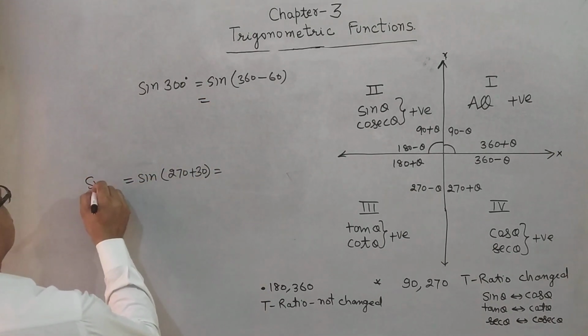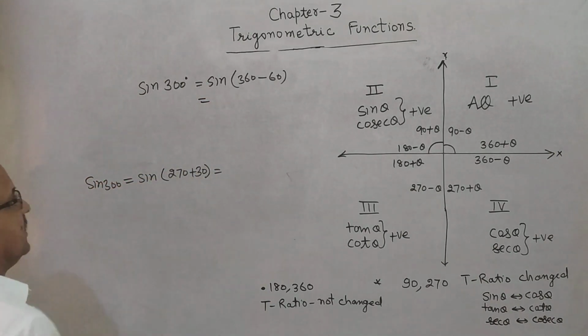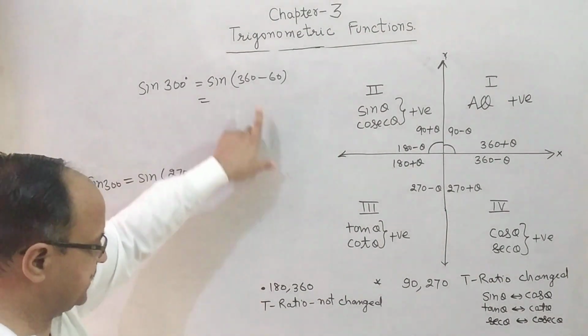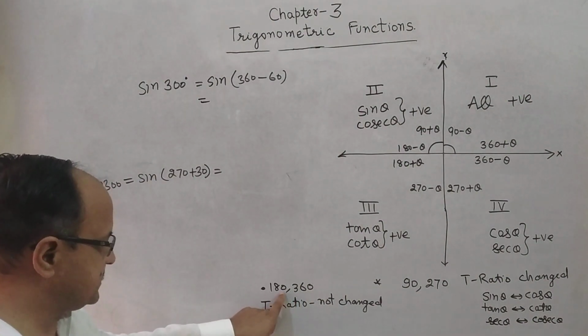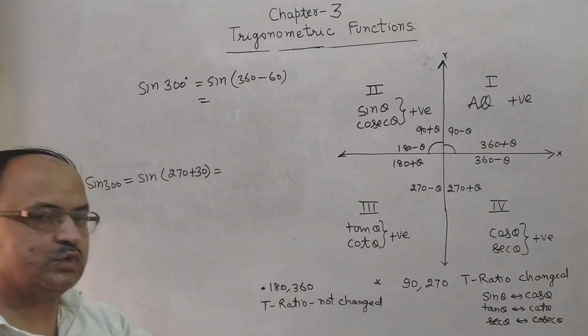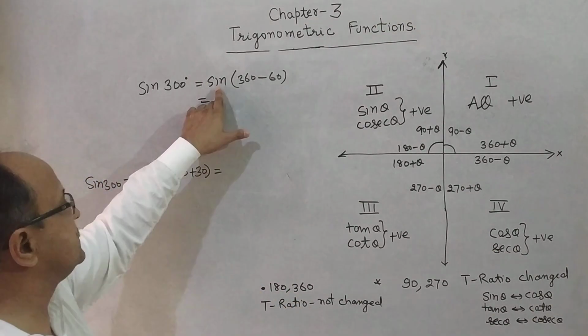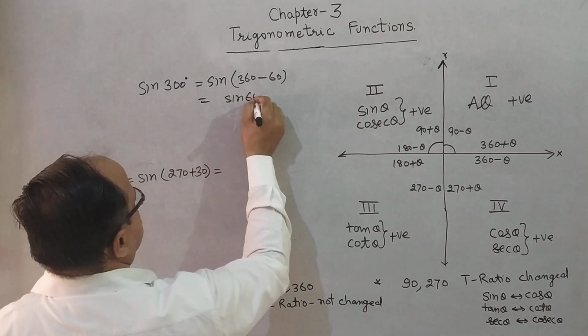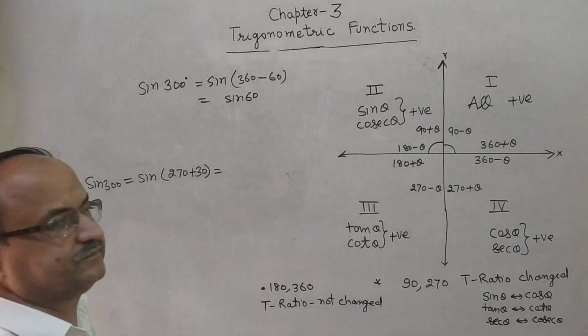But it is the case of 360, and you know that if the case is 180 and 360, it means t ratio not changed. तो इट मीन्स साइन एज इट इज रहेगा, sin 60. Now check the sign.